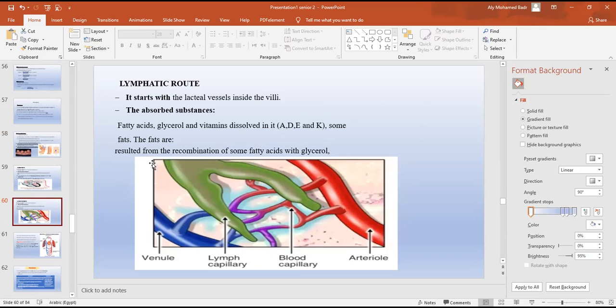The fats result from the recombination of some fatty acids with glycerol. Some fats are formed again, because the fatty acids and glycerol return to be a fat again.